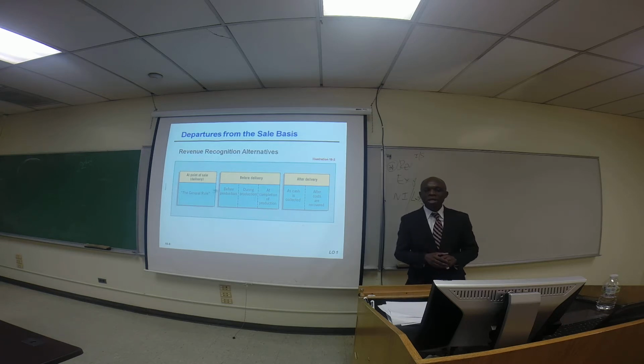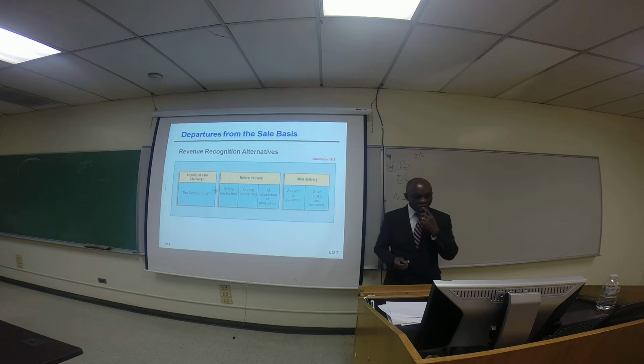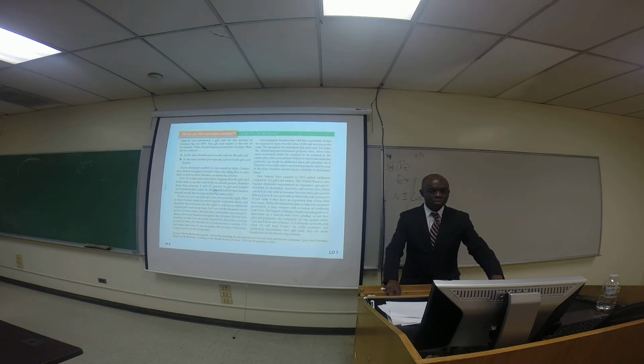So we are going to talk about those examples eventually. Then after delivery, much revenue is recognized after we have actually delivered the product or actually performed the services, or as cash is collected. So we are going to zero in on some of those issues as time progresses.